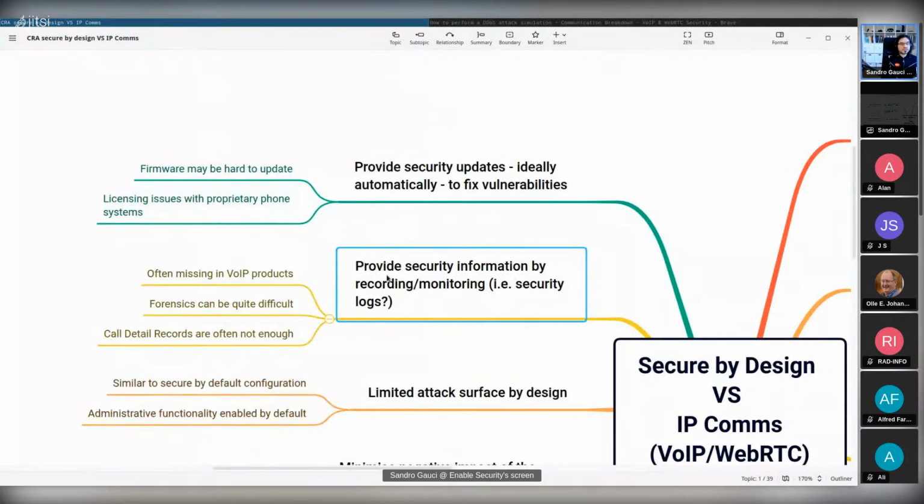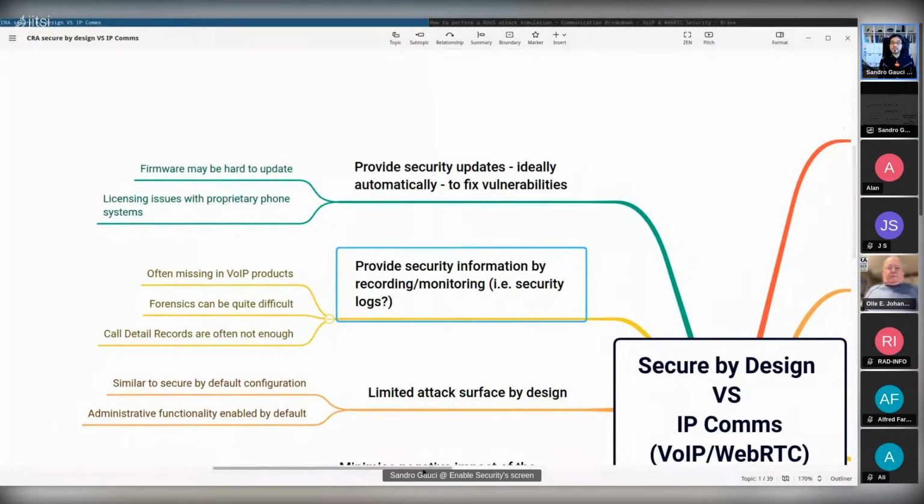But another thing that we've seen is licensing issues with proprietary phone systems in the past, when you want to apply a security protection mechanism, but your license does not allow it, even if you're a paying customer. I'm not going to go into details, but this is something I've seen in the past, and it's very annoying. I hope that this particular item on the list fixes it.